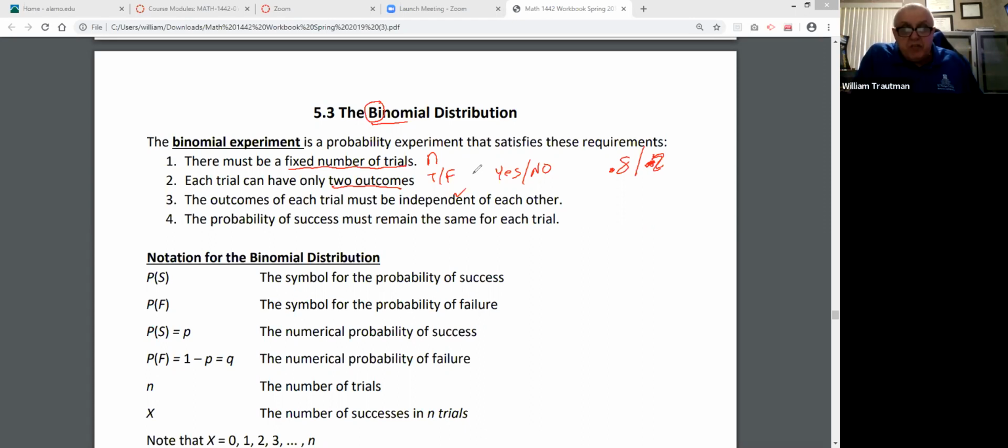And then we're going to have the probability of success coming up also. So here, this is the probability of success. If the probability of success is 0.8, then the probability of failure is 0.2. It has to add up to 1.